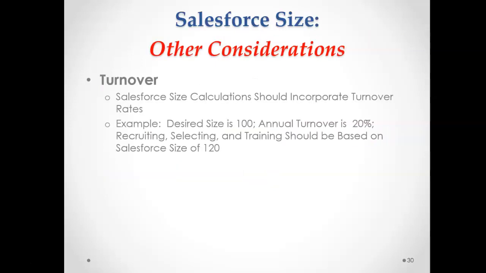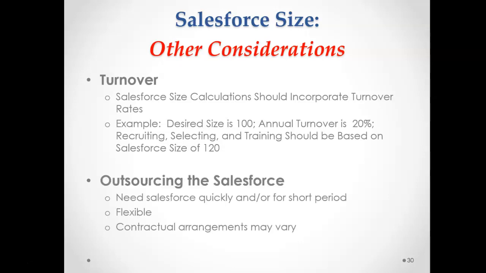Other considerations: turnover. You want to incorporate turnover, so you want to allow for that when you're hiring. If you know that your turnover is 20%, which is kind of bad, then you want to make sure you have 120 people so that you account for that 20% when you need 100. Also, outsourcing.